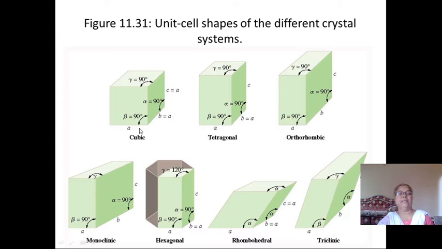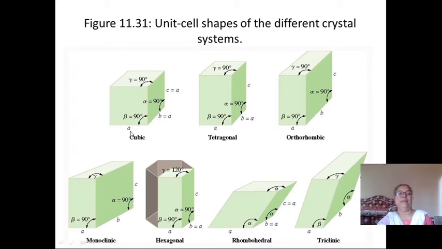In the cubic case, the angles alpha, beta, and gamma are also the same. Then in the orthorhombic crystal structure, these angles are the same. Here is the A side, this is the B side, and this one is the C side.